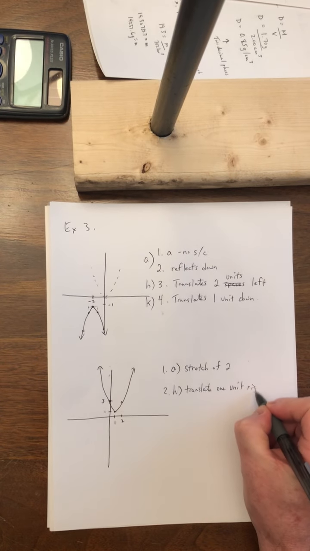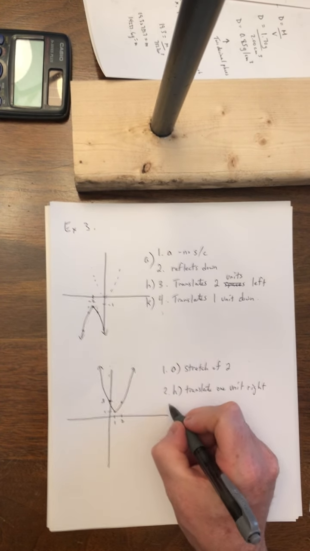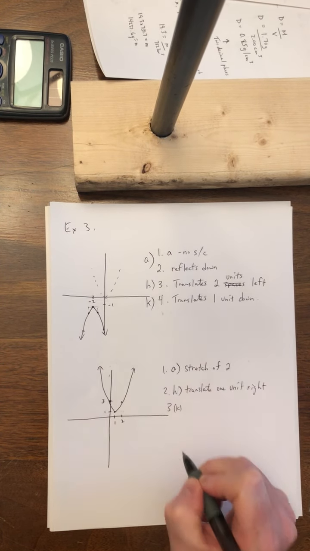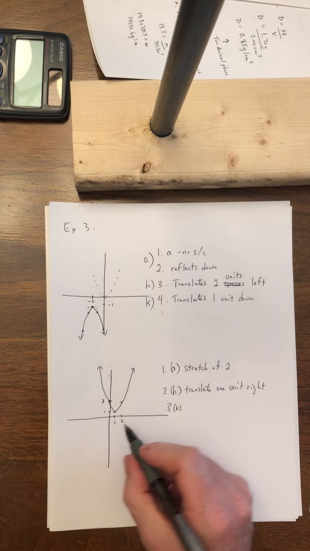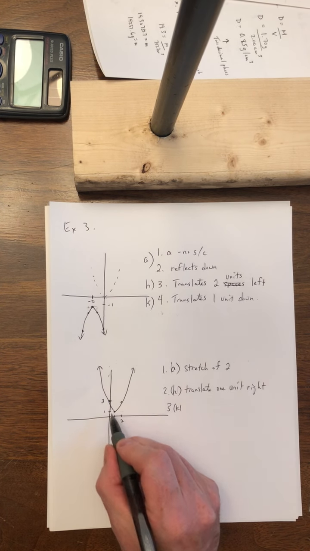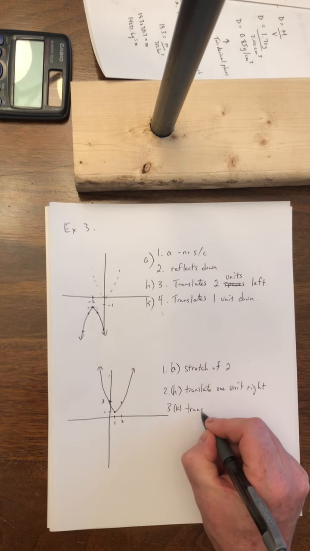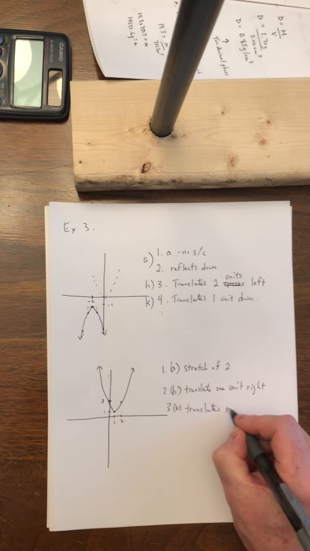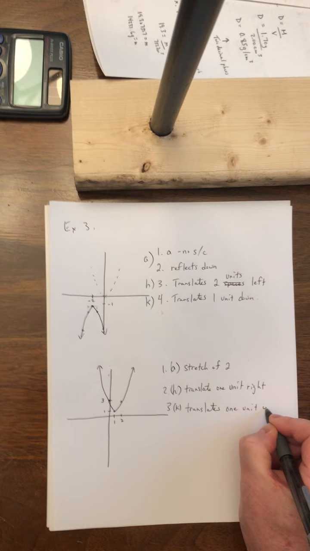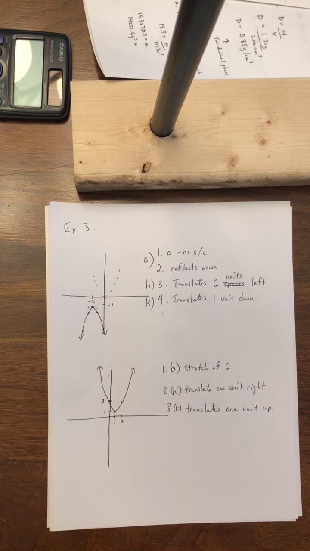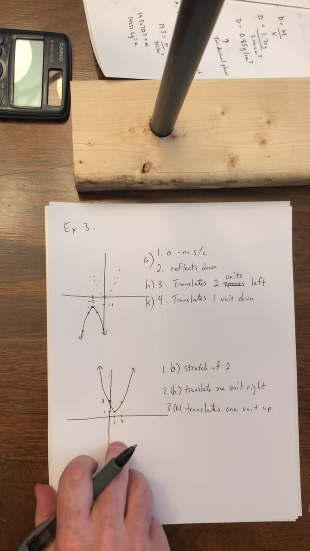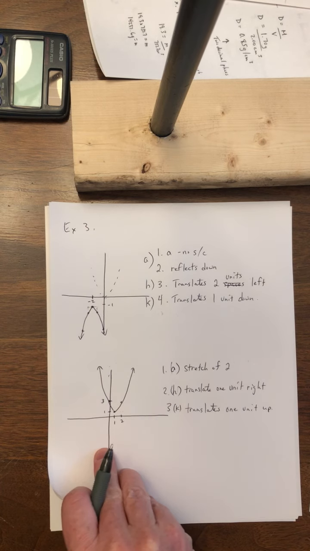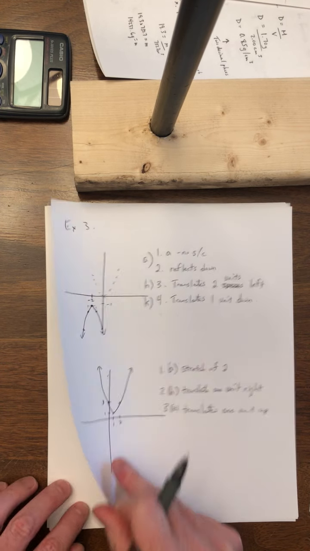In this case, we're going right. And our third thing, we're going to talk about the K. And in this case, it translates 1 unit up. Cool. Hope you all have that. All right, continuing to move on.